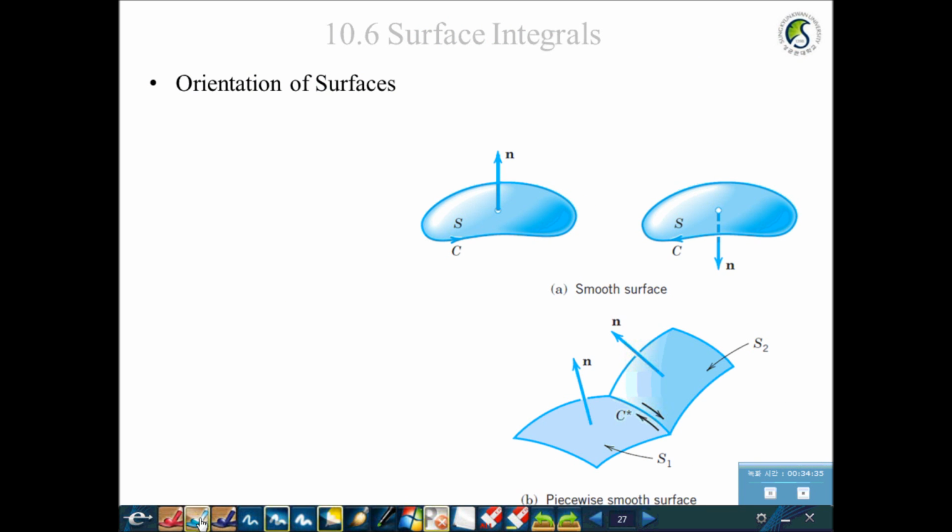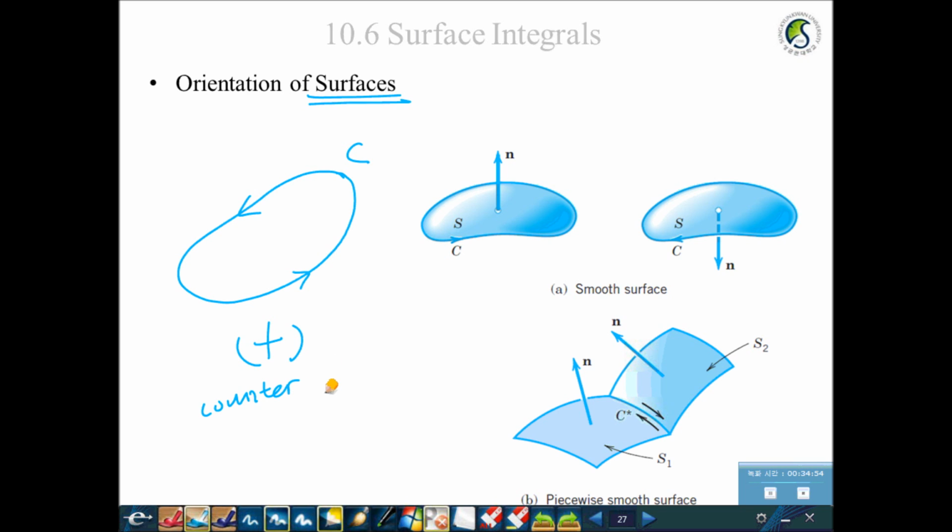So we just talked about surfaces. But in the case of the curve C, we used to have positiveness. Counterclockwise is always positive, meaning the right hand screw rule.